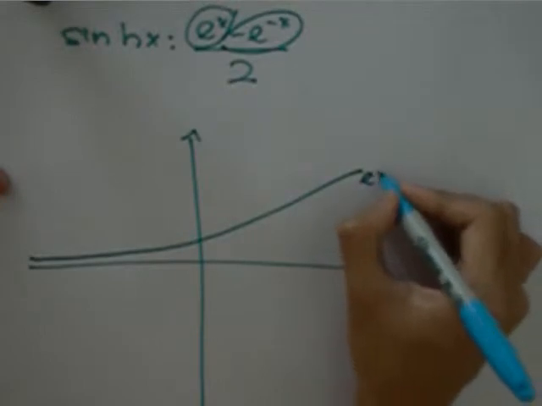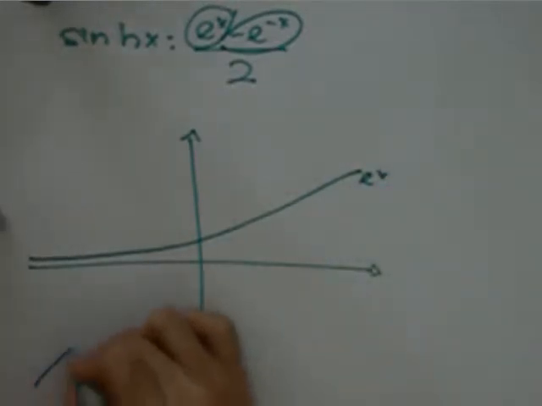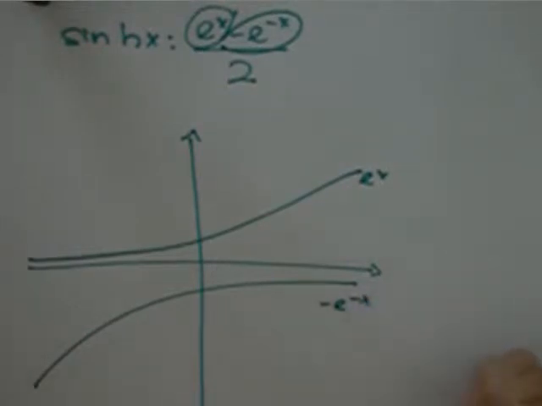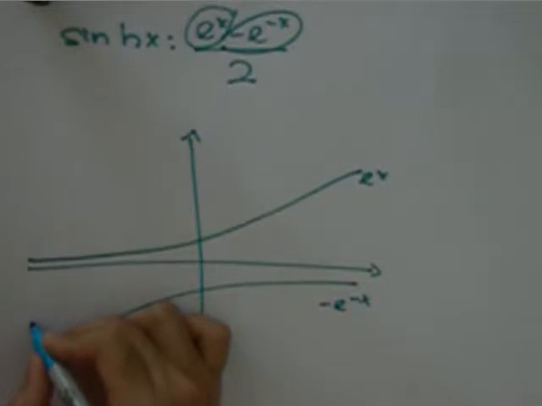e to the power of x, negative e to the power of negative x. From here on, if we were to substitute values of x equals to 0 and increase them, we would actually get the sine hyperbolic x graph, which looks something like this.